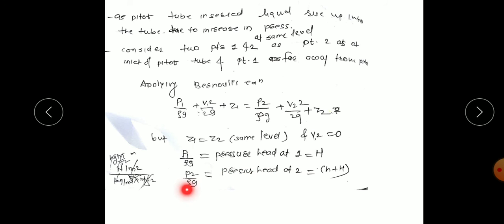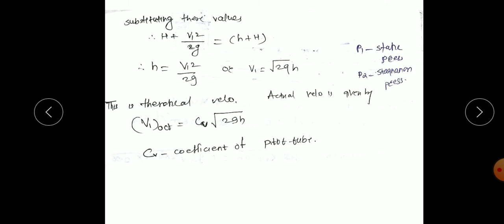This P2 by rho g is called the stagnation pressure head, and P1 by rho g is the static pressure head. So putting these two values we get H plus V1 square by 2g equals H plus h. Cancelling H on both sides, we get small h is equal to V1 square by 2g, or velocity at point 1 is square root of 2gh.